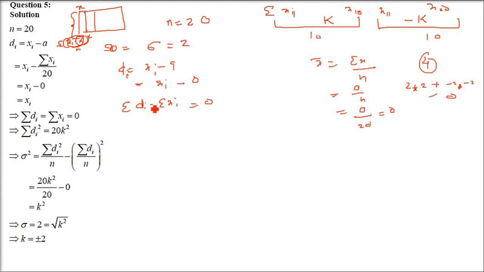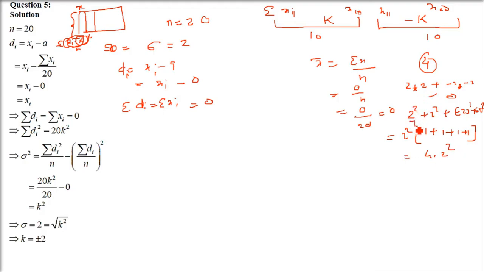Okay. Now coming to the sum of the square of this d. When you take the sum of di square, which is eventually equal to sum of x square. So if you take 2 square, then minus 2 square, minus 2 square, minus will become plus. So 2 square plus minus 2 square plus minus 2 square will eventually be equal to 2 square plus 2 square plus 2 square plus 2 square. So k times 10 times is 10k square, and minus k 10 times is again 10k square.